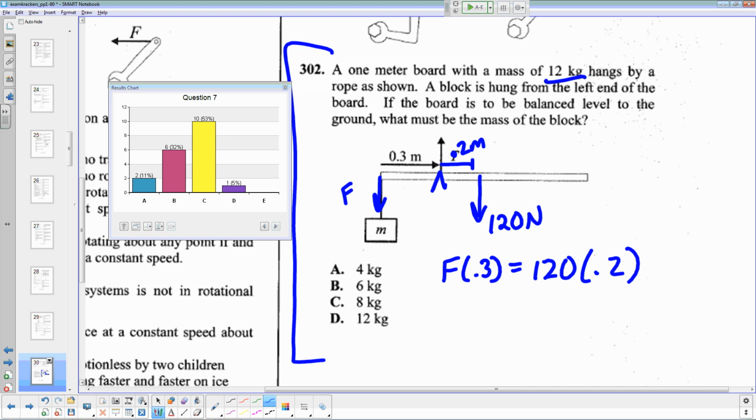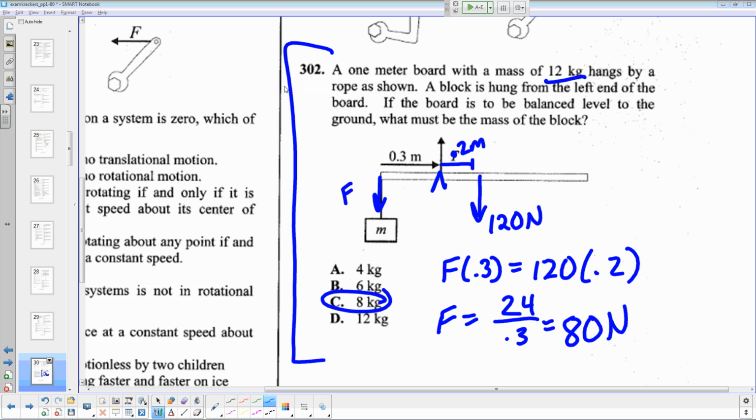You just want to balance the torque. So all the torques in one direction must equal the torques in the other direction. So here I can solve this for F. It's going to be 120 times 0.2, what's that, 24, divided by 0.3. That is going to be 80 newtons. And 80 newtons is 8 kilograms. That's pretty good. So C is the right answer.